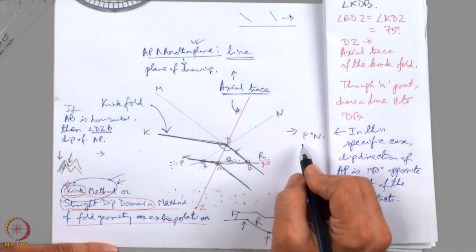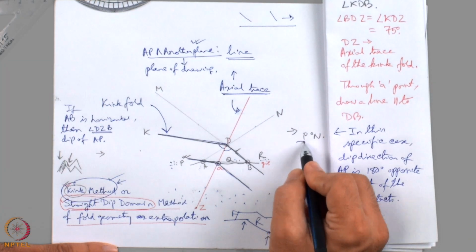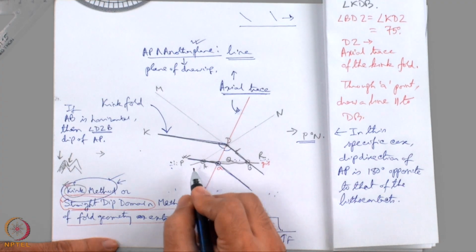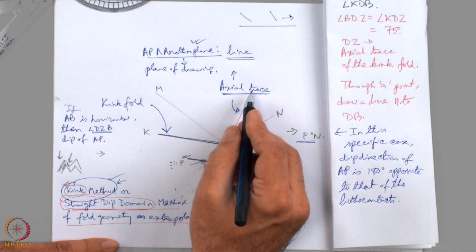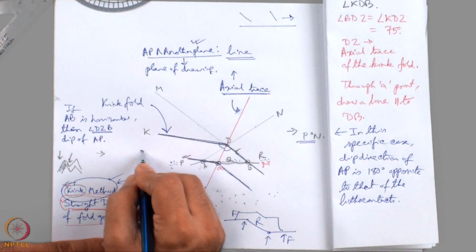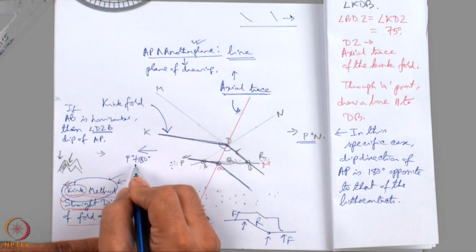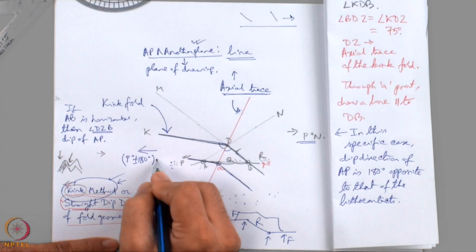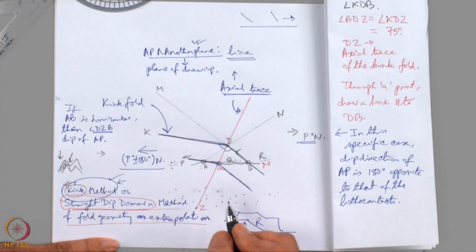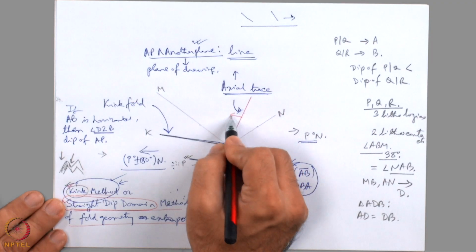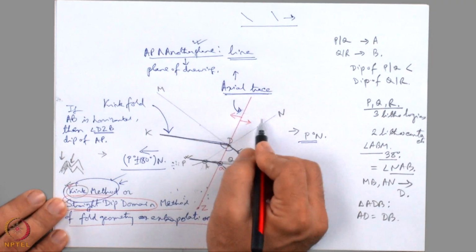As we started, towards p degree geographic north was the lithological contact's dip direction. So, in that case the axial plane's dip direction here is p degree plus 180 degrees or p degree minus 180 degrees geographic north.